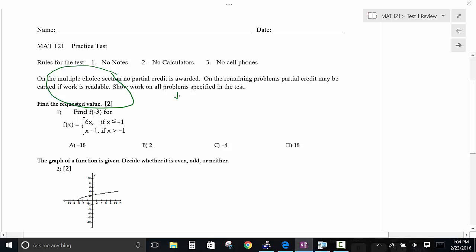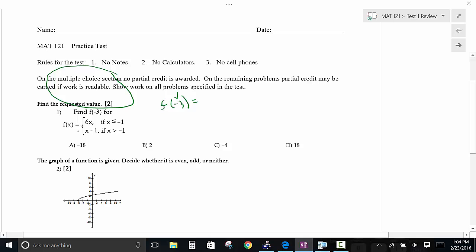The first thing is I'm asking for what f of negative 3 is. I usually give a multiple choice part in college algebra, because there's a lot of fundamental things that are pretty easy to look at.